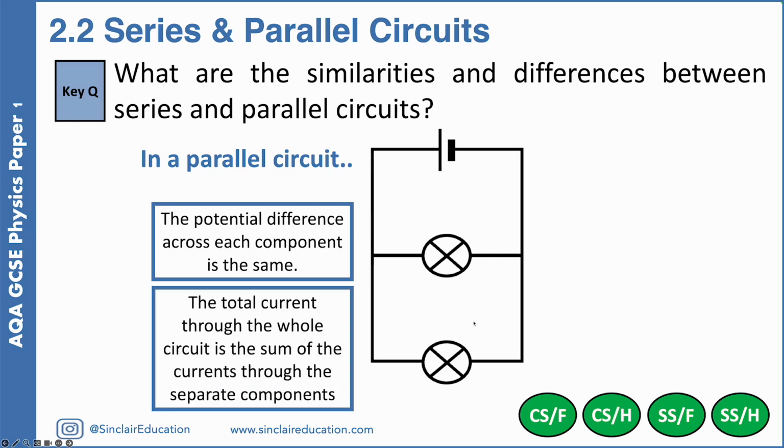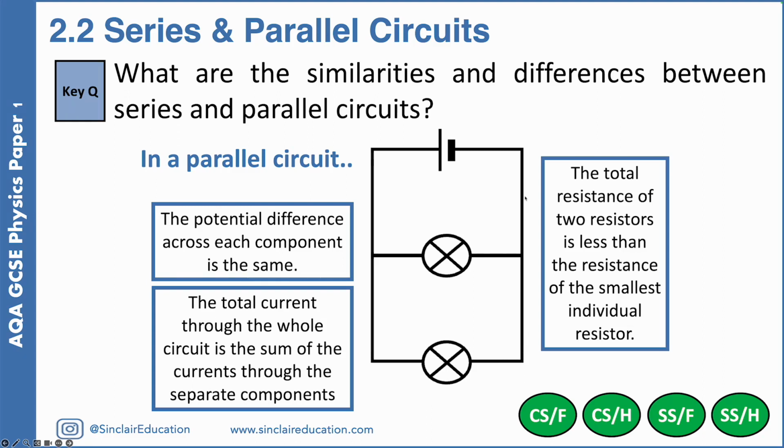Now the total current, we have to add all our branches together. So the current through this branch and this branch will combine to give the total current over here. So potential difference is the same across each branch, but now the current is split. It goes across each of those branches, totaling up over here.